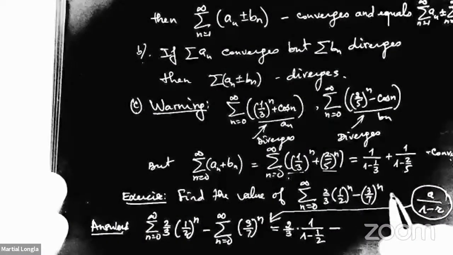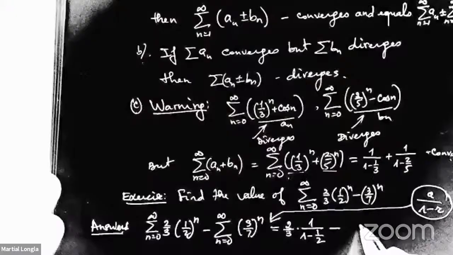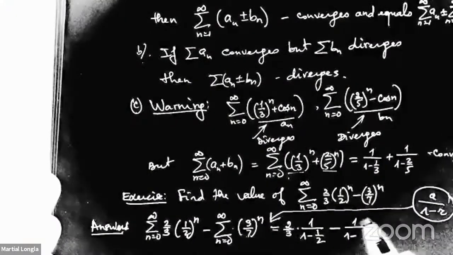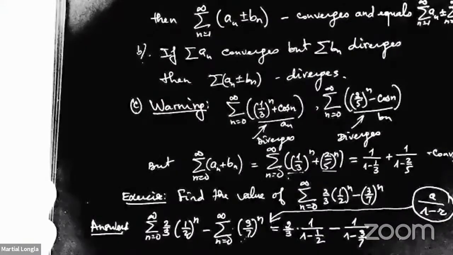Correct. Then minus 1 over 1 minus 3/7, because a is 1, and then r is 3/7. That's it. So that's how you do it.